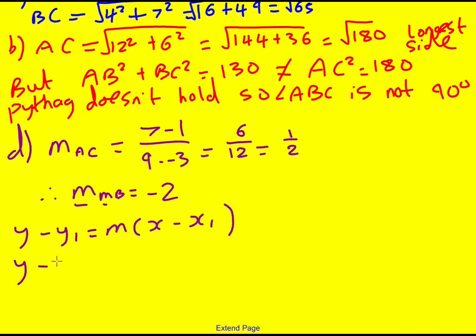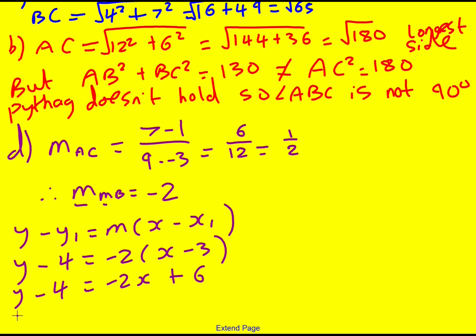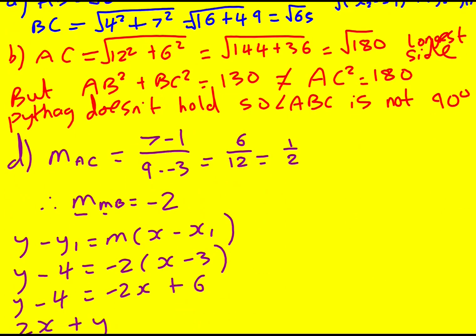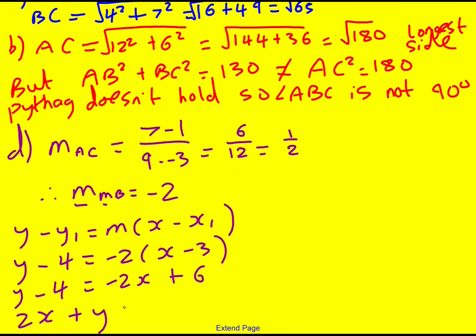We showed that we had 3, 4 in the previous question. So y minus 4 is going to be minus 2 times (x minus 3). That means that 2x plus y, and we're asked to write it so it's equal to a constant, so that is going to equal 10. Nice.